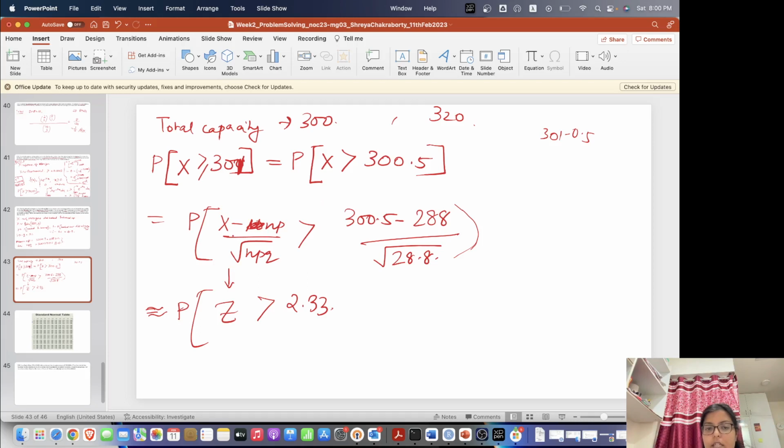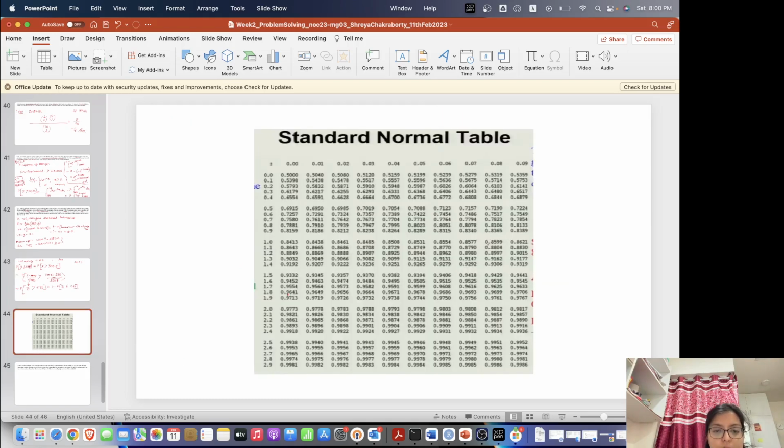This is the approximation by CLT that we are doing. As n increases, (x minus mean) by the standard deviation, root of variance, will tend to a standard normal distribution. So this is nothing but probability Z less than or equal to 2.33, and from the table, 2.3 and again 3 is 0.9901.